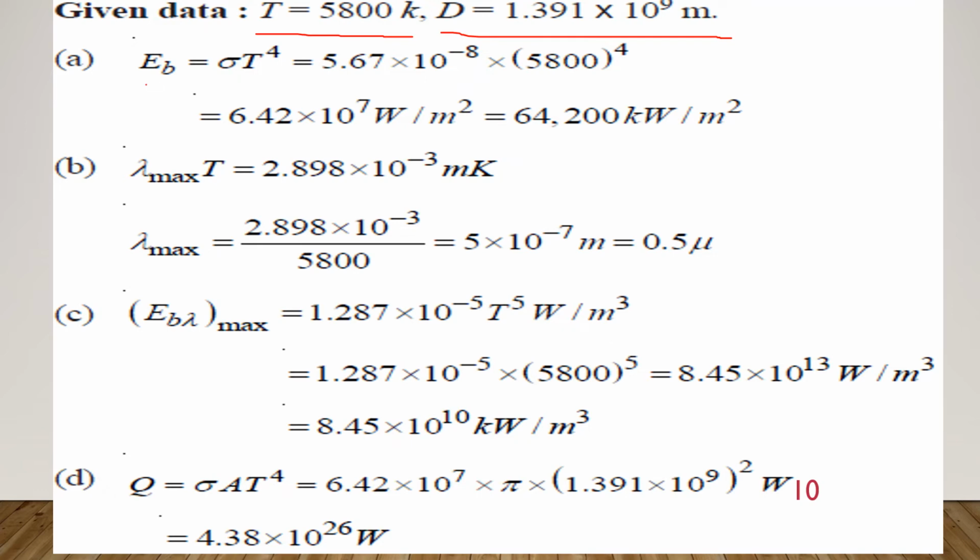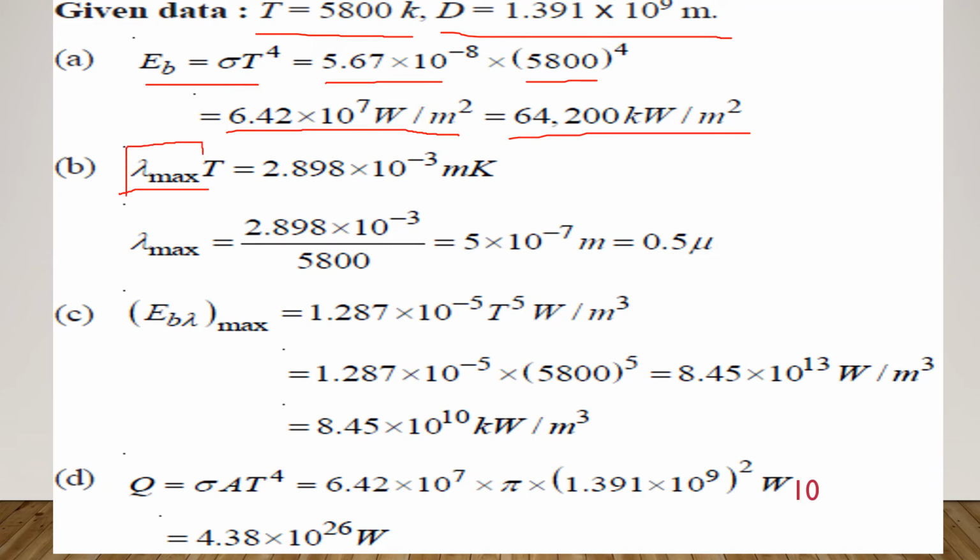So first part which we have to find out is the emissive power of the black body, that is sigma into T power 4. Sigma value is known to us, T is known to us, so we will get our first answer, that is 64,200 kilowatt per meter square, or it is 6.42 into 10 power 7 watt per meter square.